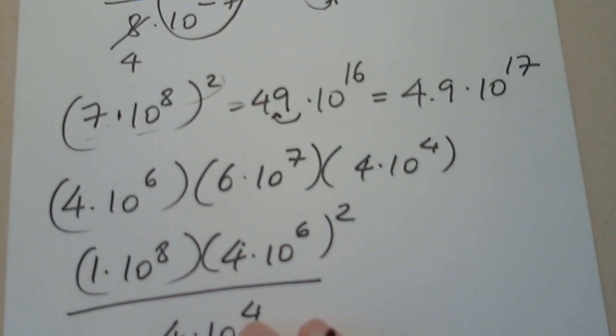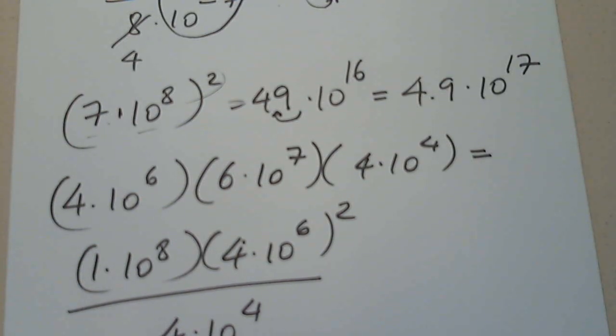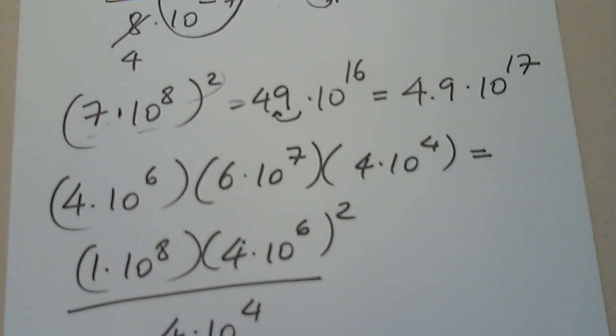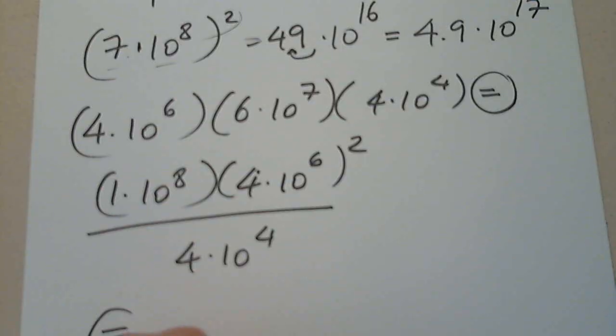Okay, the second one. Any questions on the first one? Okay, so now I have to multiply 4 by 6 by 4. What do we get when we multiply 24 by 4? 96? Yes. 96.